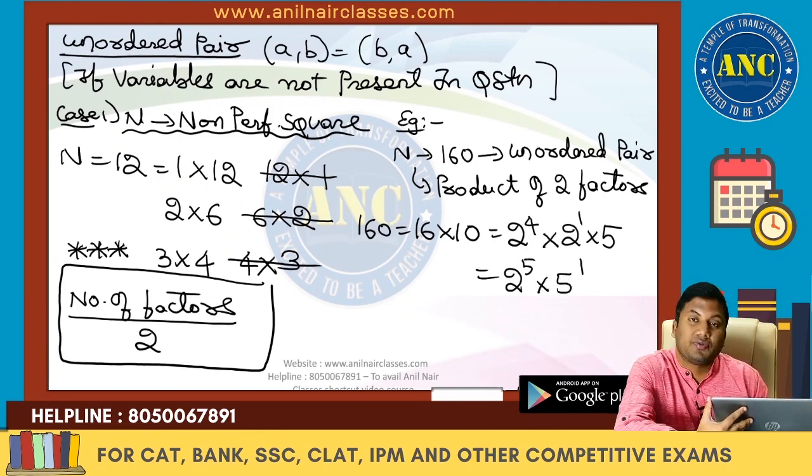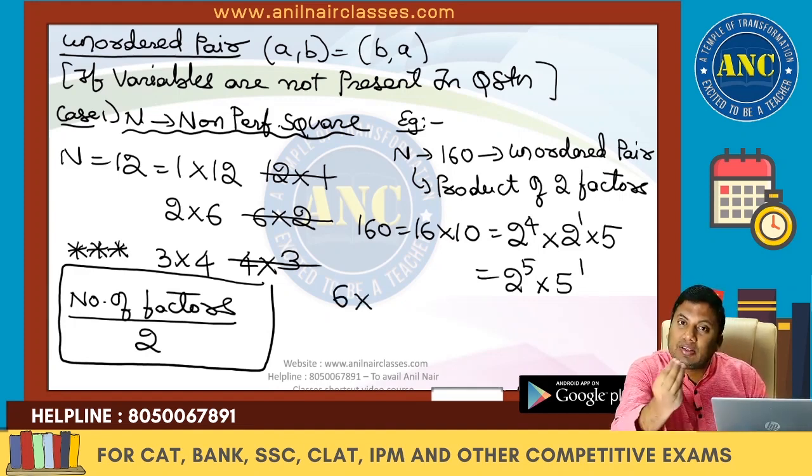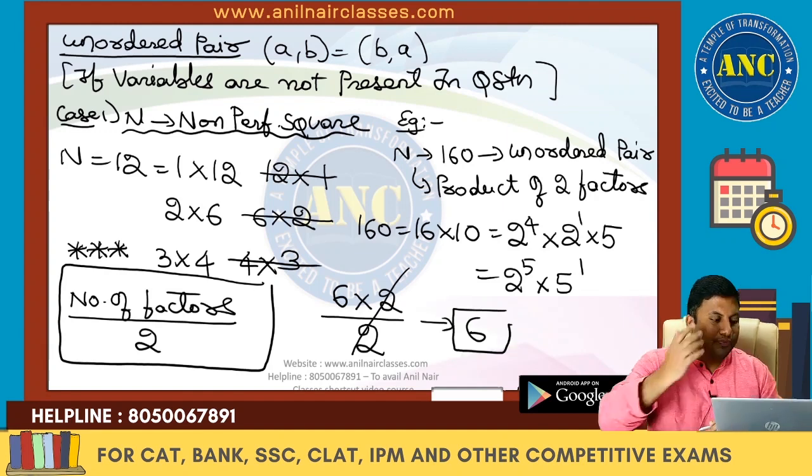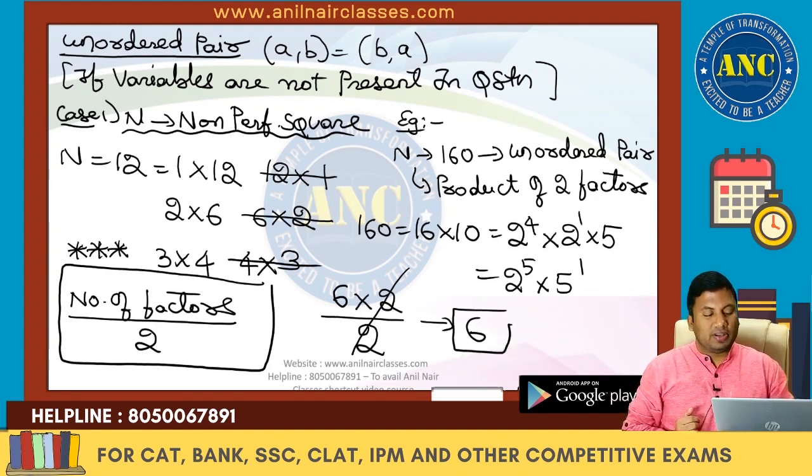Number of factors for 2 power 5 is 2 power 0 to 2 power 5, 6 cases. 5 power 1 is 5 power 0 to 5 power 1, 2 cases. Unordered, so divided by 2. The answer is nothing but 6 cases.